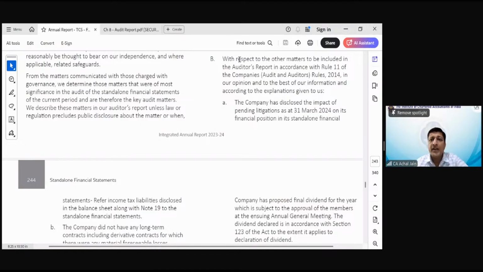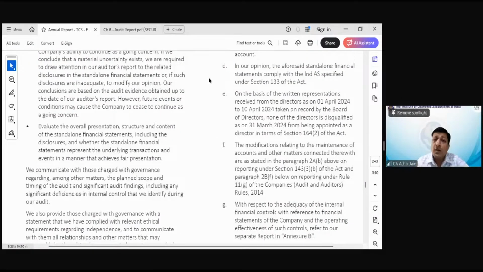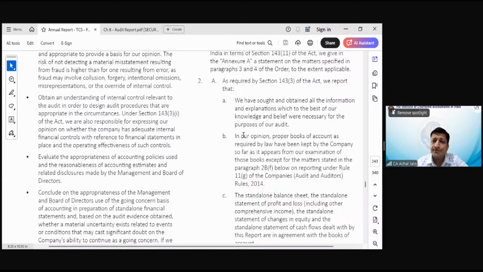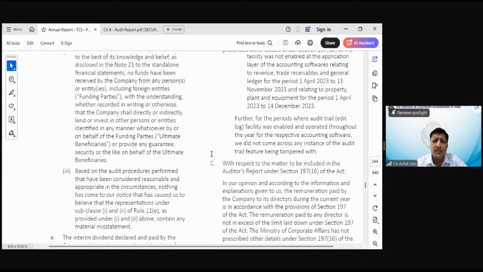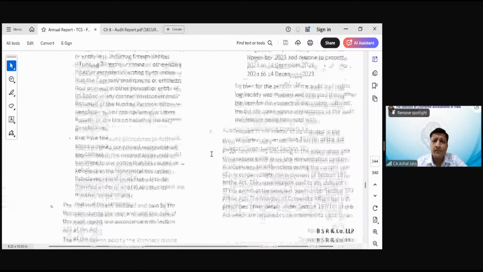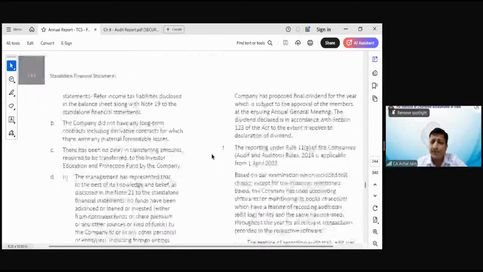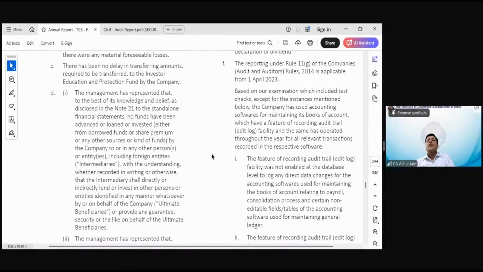Now, let's look at one point which was covered above, if you remember. When the books of accounts, all of these things were mentioned, and one exception was specified. So 2BF, we'll go through this 2BF now. So what is there under this 2BF? Now it says reporting under Rule 11 is applicable from 1st April 2023.